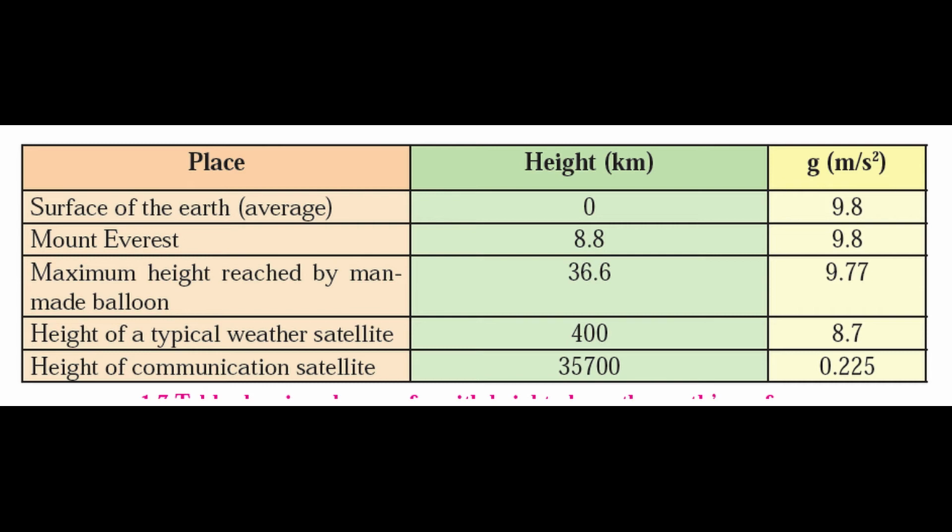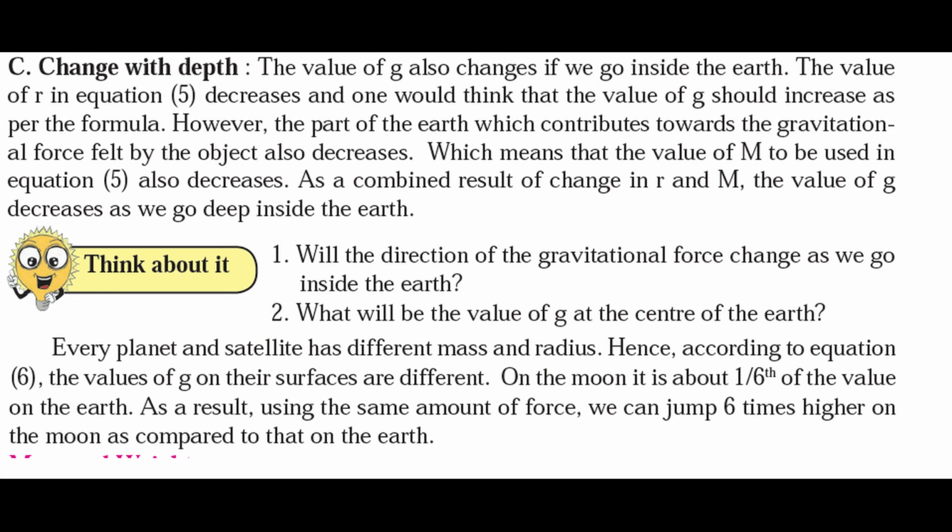Now let us look at the next variation in value of g, which is change with depth. The value of g also changes if we go inside the Earth. The value of radius in the equation of g decreases, and one would think that the value of g should increase as per the formula.